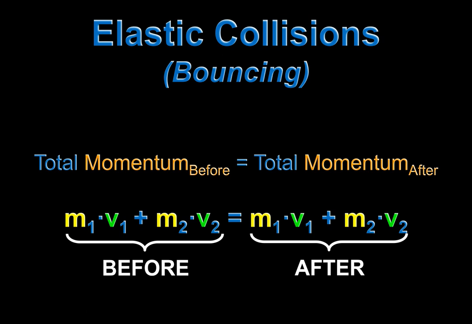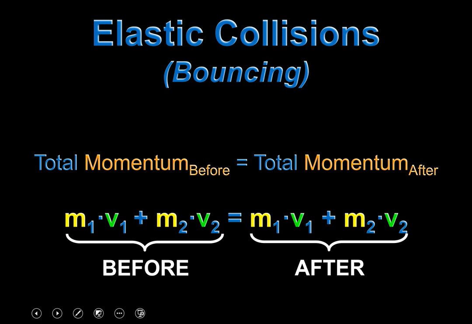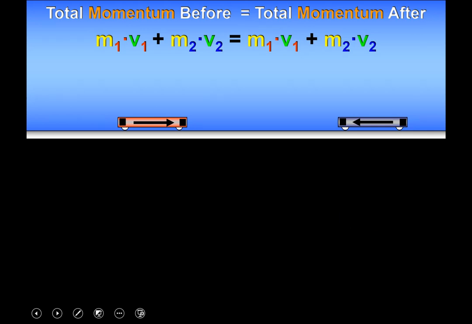So again, this is just looking at an elastic collision. I don't know why this is down here. Those were all inelastic collision examples. Now we're going into elastic collision examples. So again, we have red and blue coming at each other, same mass, but they're going to hit and bounce off.